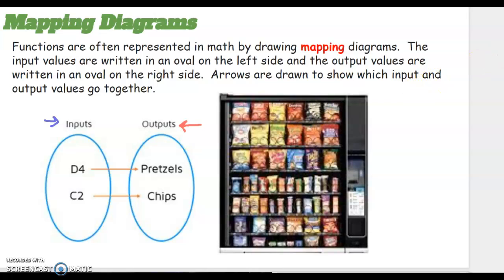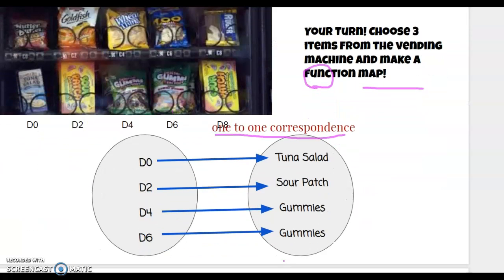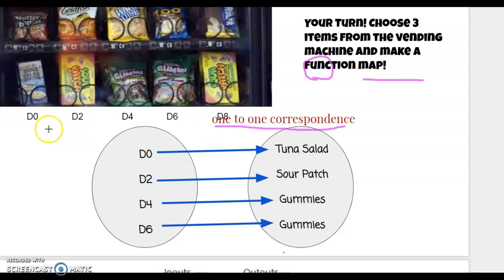Now let's give you some examples to talk about functions and non-functions with mapping. We have to remember that maps are also going to show functions and non-functions.